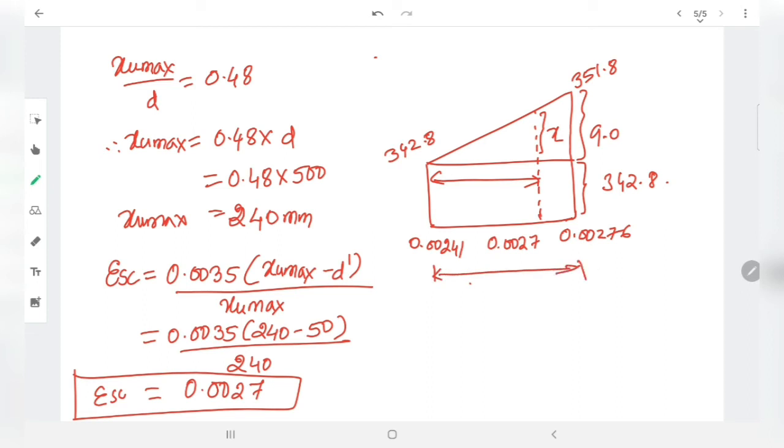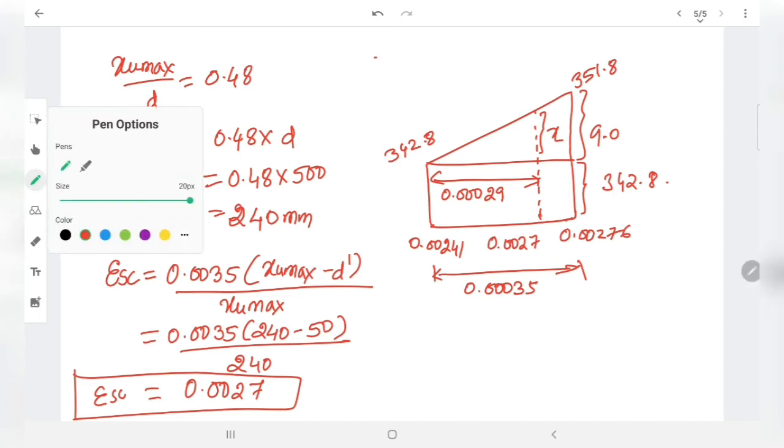Here, the difference between these two is 0.00035. This one is 0.00029. When you check the difference, 0.0027 minus 0.00241, you get 0.00029.